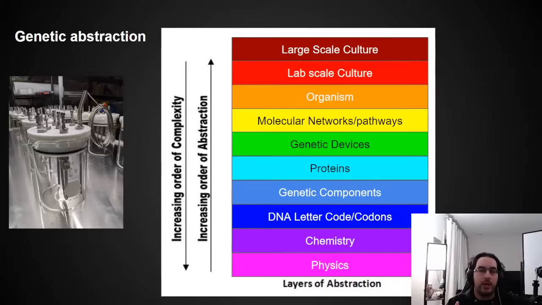And then from there, you have the step which most people don't tend to interact with, but it's where I'm spending most of my time, and that's large scale culture. This is where you've modified a thing to do something, and you want a lot of it. So this is like growing tanks of something that are 30,000 liters per tank of E. coli or whatever to do the thing that you're trying to do.